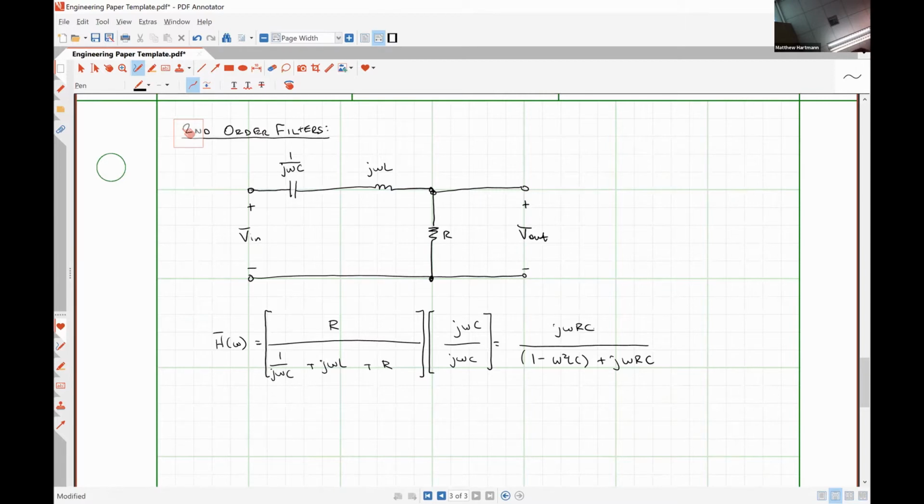Because we have a second order filter, instead of just having a corner frequency or multiple corner frequencies, as we'll see momentarily, we also have what's called a resonance frequency.